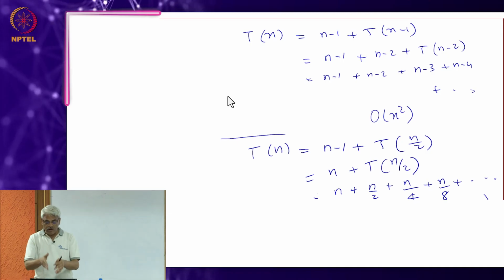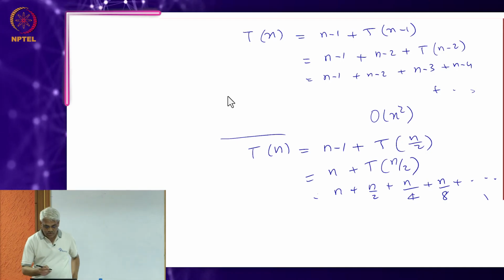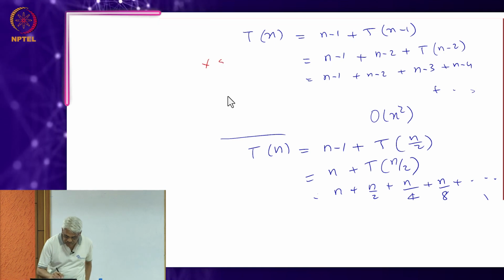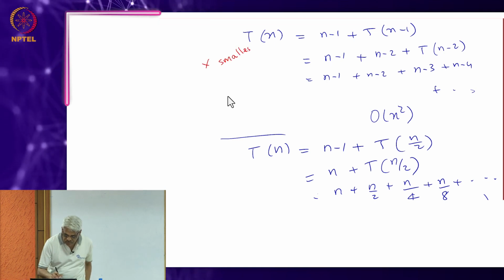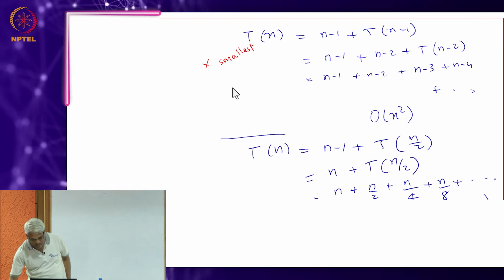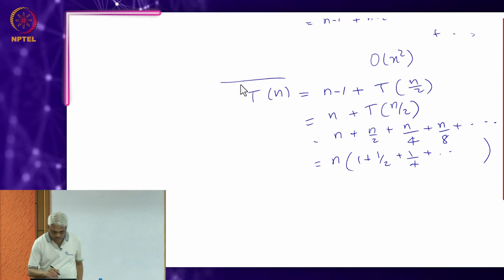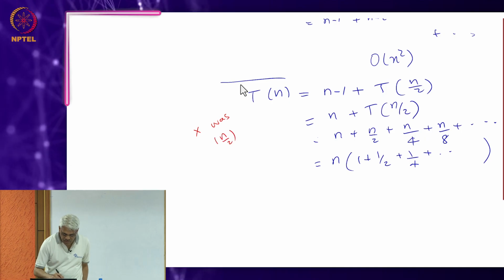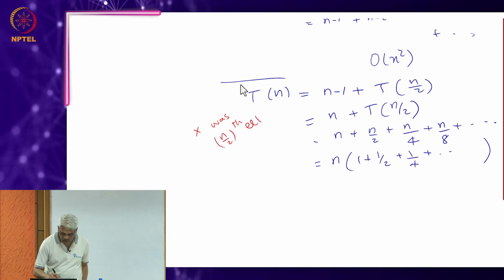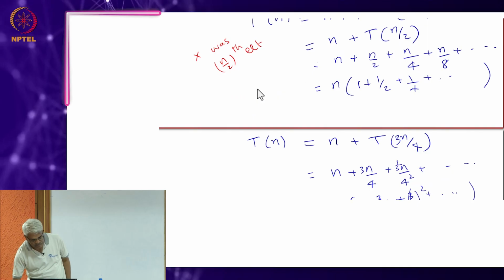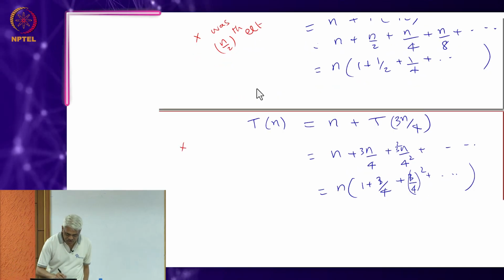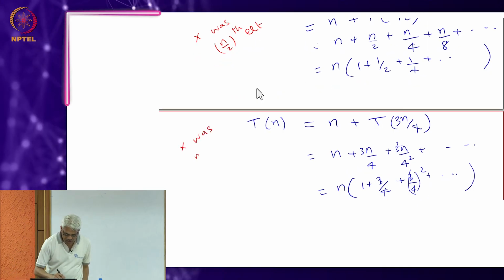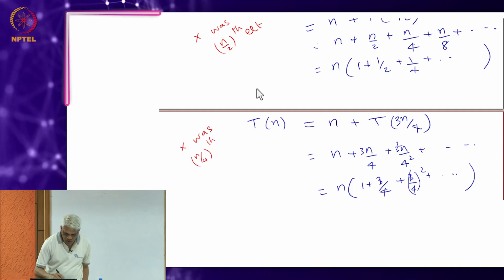I can do all this, right? This was when x was smallest. And this was when x was the n by 2th element, and this was when x was either n by 4th or 3n by 4.